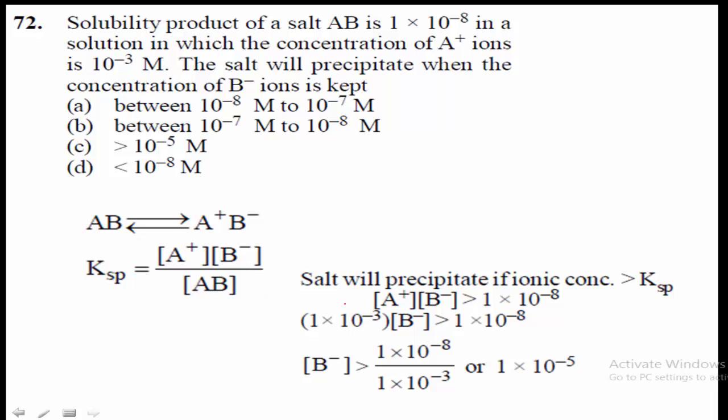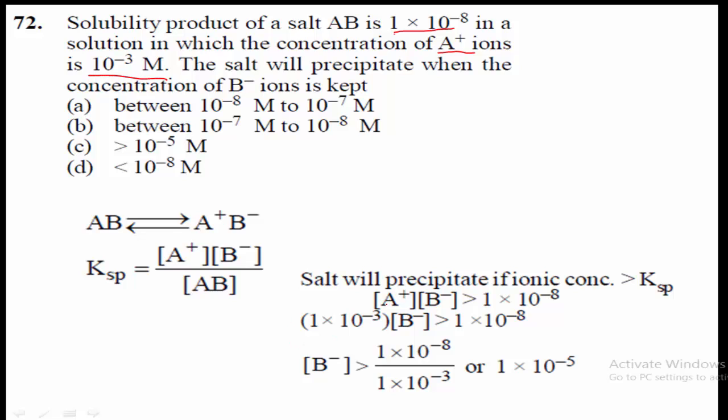Therefore, the product of the concentrations of A plus and B minus should be greater than 1 into 10 raised to minus 8. Substituting the values, the solubility product of salt AB is given, that is 1 into 10 raised to minus 8, and the concentration of A plus ions is 10 raised to minus 3.